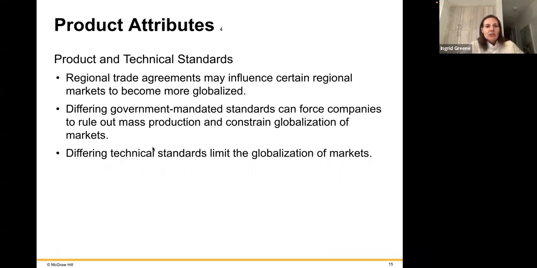So product and technical standards, this one is close to home for me because my stepdad made a lot of money in the 1980s by helping the advertising industry translate or convert, is really the word convert, the ads in the United States.